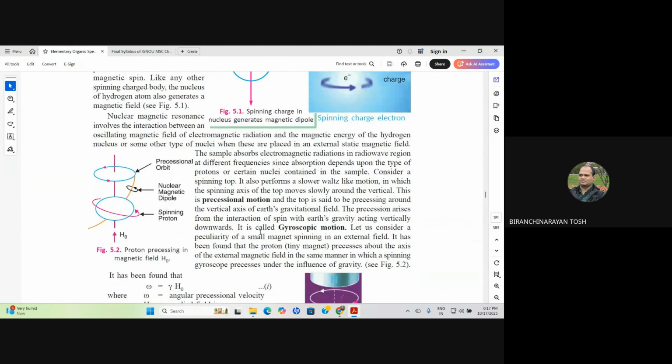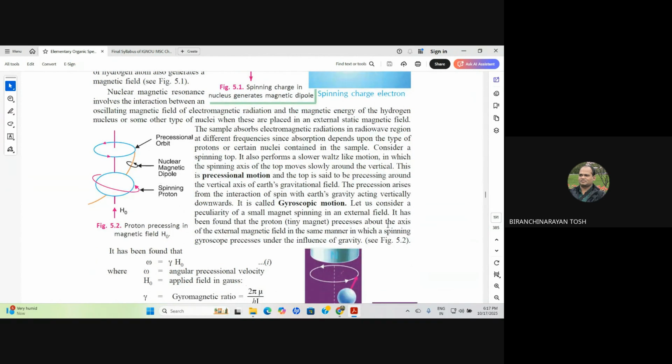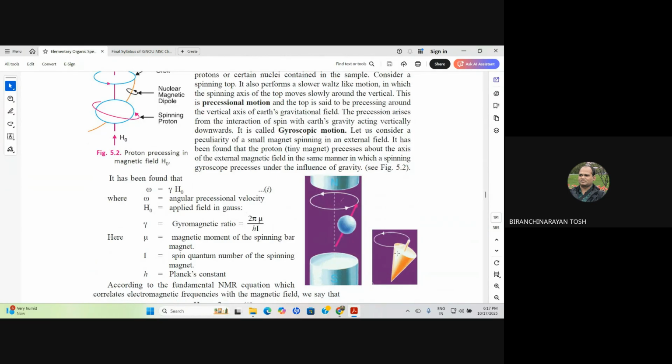So let us consider a small magnet spinning in an external field. It has been found that the proton precesses about the axis of the external magnetic field. You can see the spinning motion and precessional motion, like this. The gyroscope precesses under the influence of gravity.